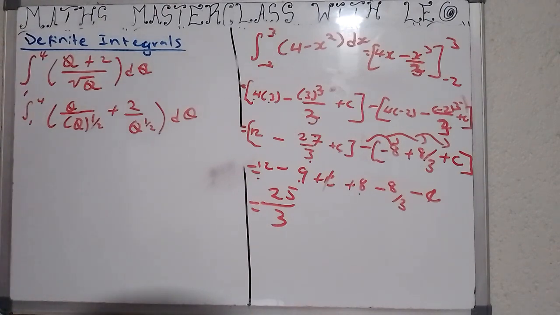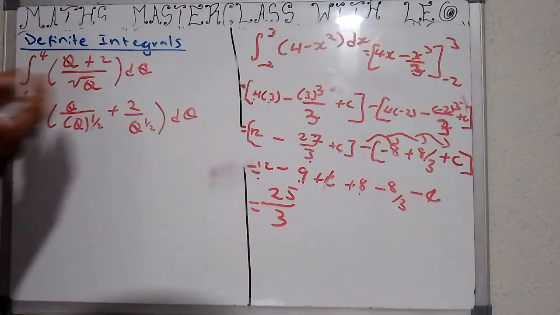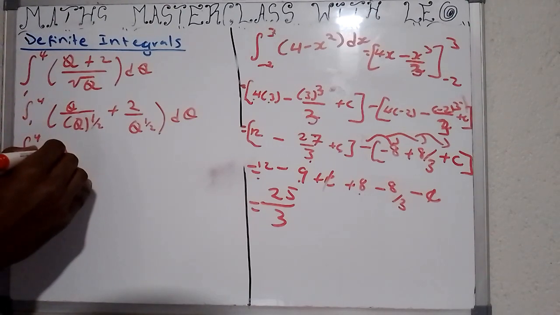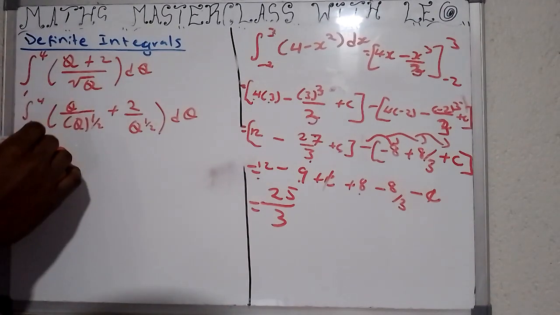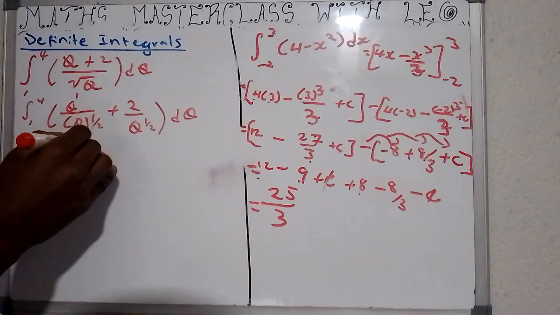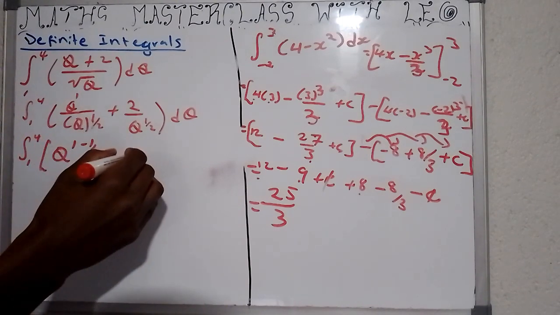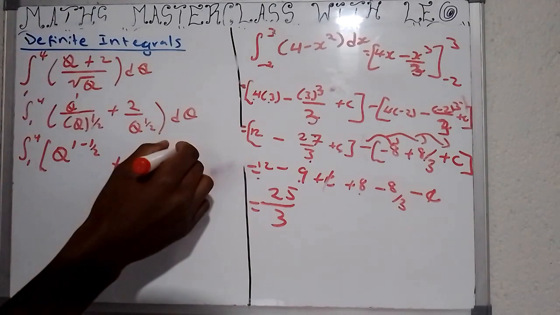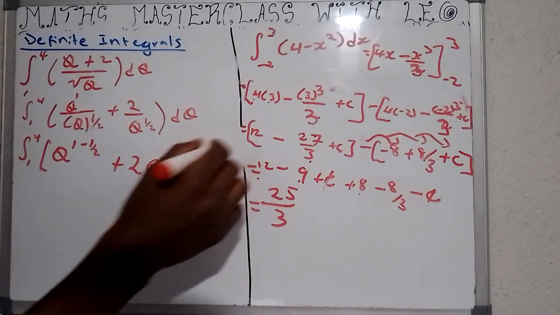Then, next, I can rewrite this. Logically, we know that theta has to the power 1 minus 1 over 2, plus 2 theta to the power minus half, d theta. Right?